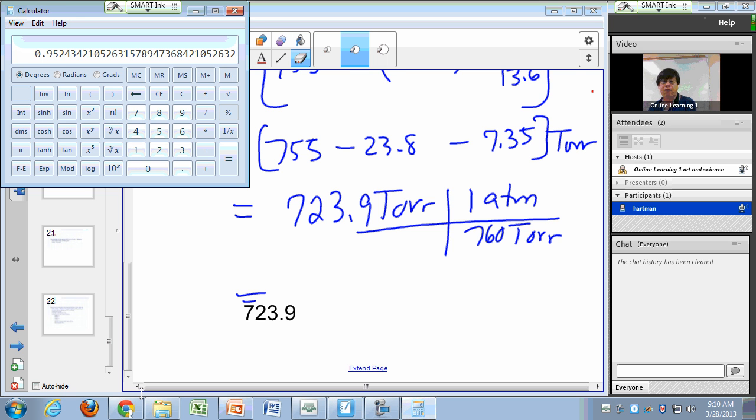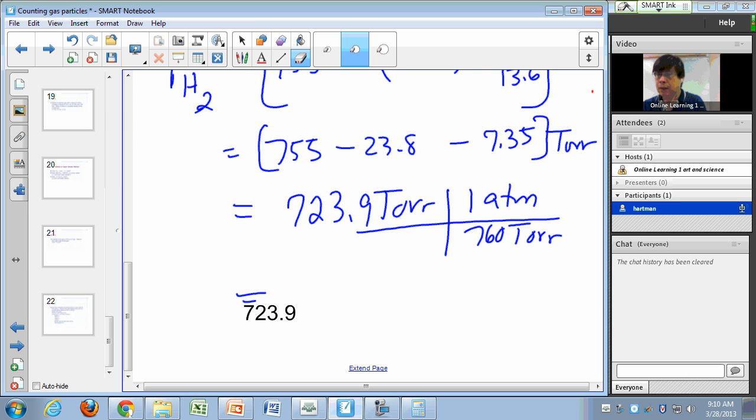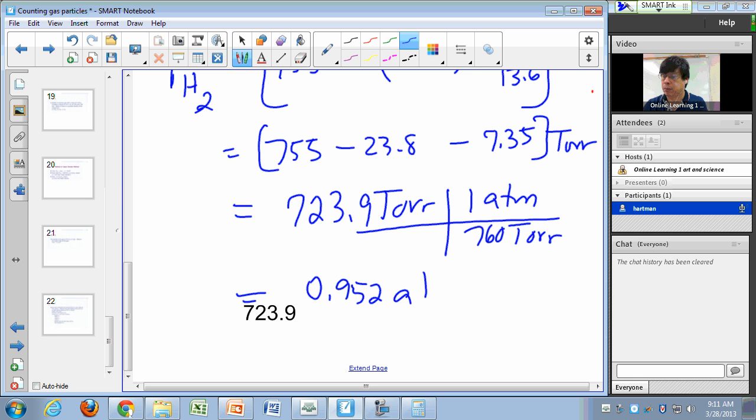That's 0.952 atmospheres. So I have my partial pressure of H2.